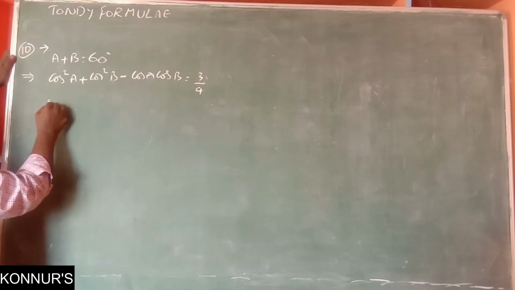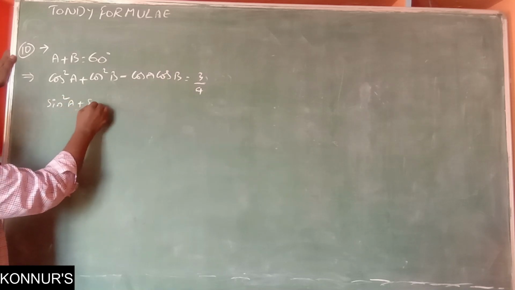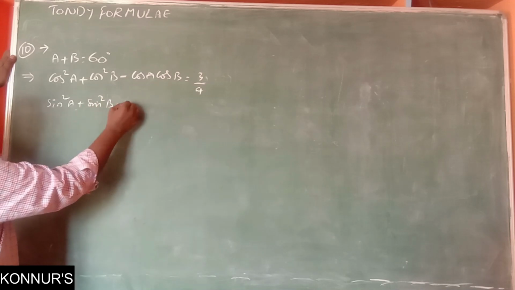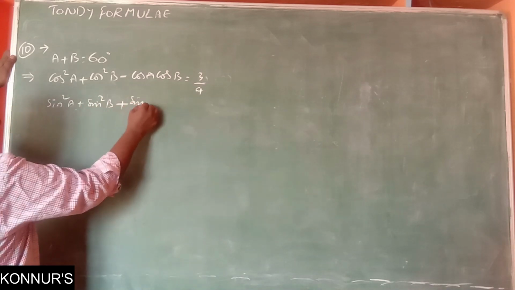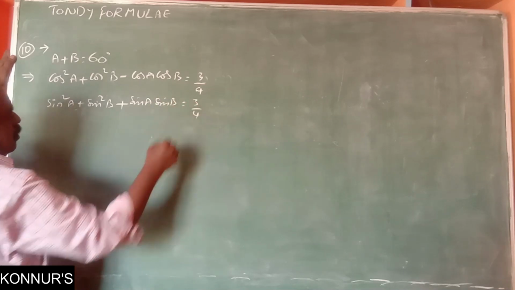And one more thing is there. In terms of sine also, sine square A plus sine square B plus sine A sine B is always 3 by 4.